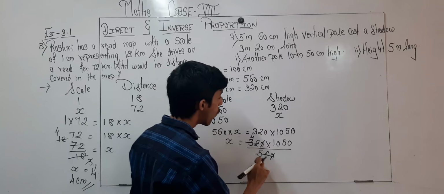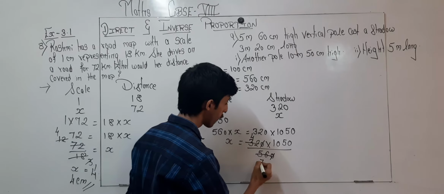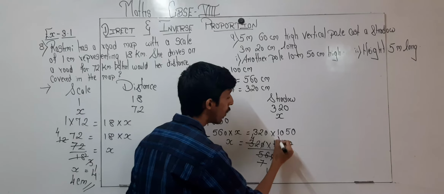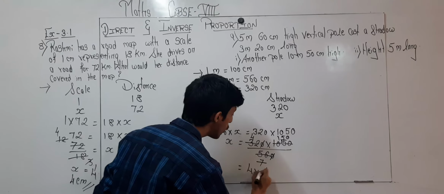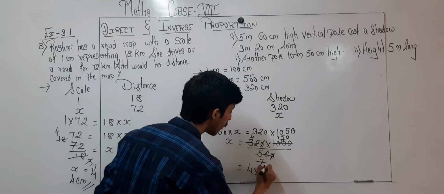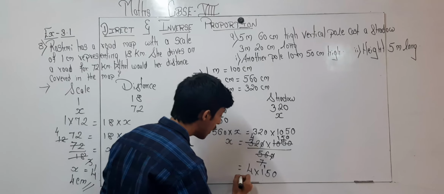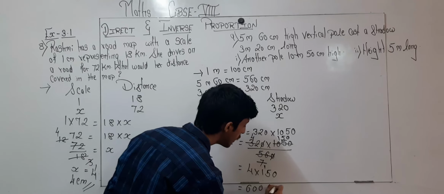Now over here I can also do the division. 7 1s are 7, 7 1s are 7, 3 is the remainder, so 35. 7 5s are 35 and 0. So it will be 4 into 150. So 4 into 150 will give me 600 centimeters.